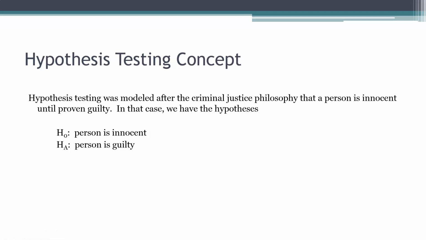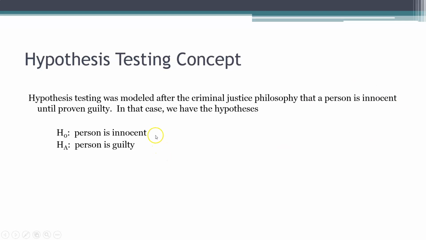So hypothesis testing hasn't been around all that long. It's only been a little over 100 years. And it was modeled after the criminal justice system in the United States. That philosophy that a person is innocent until proven guilty.